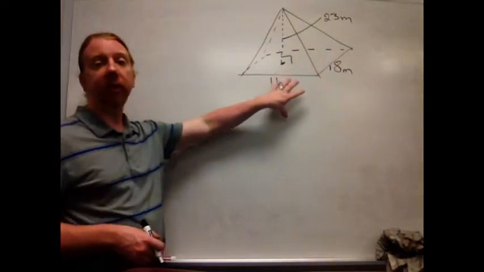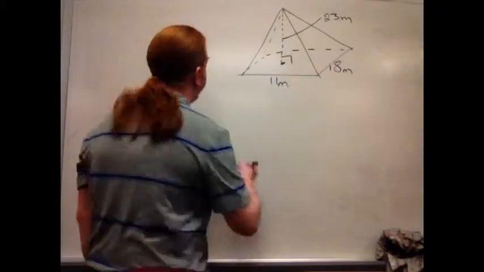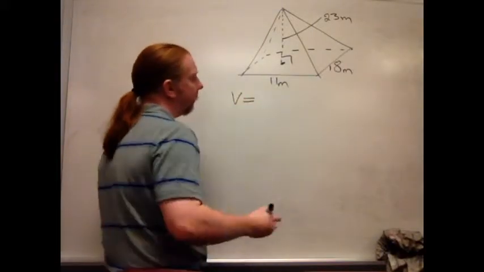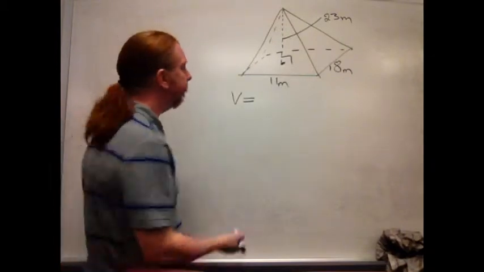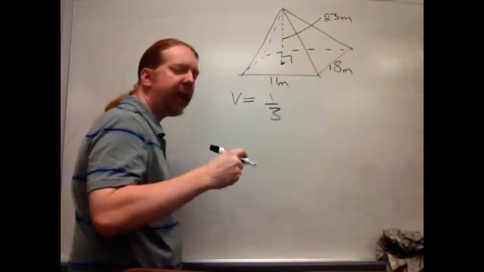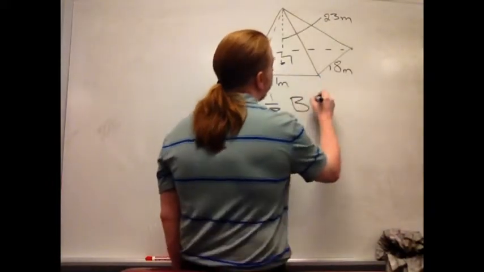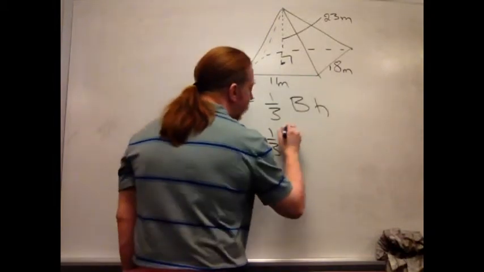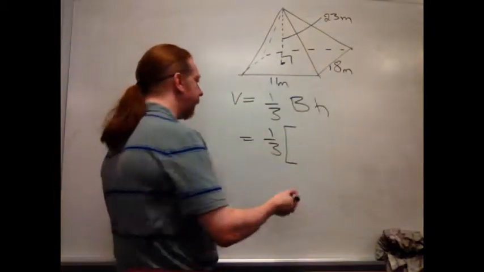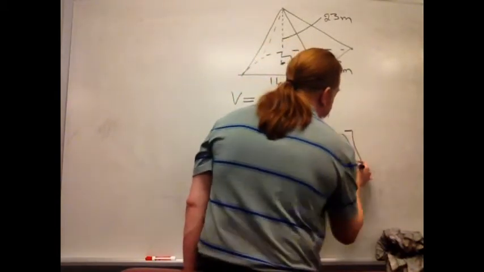Now, from what's given here, I can go ahead and start applying the rules I know. The volume, for example, we know is 1/3 that of an equivalent prism. So 1/3, now I approach this as I would a prism. The area of the base times the height. So 1/3, the base in this case is a rectangle, so that's 11 by 18.